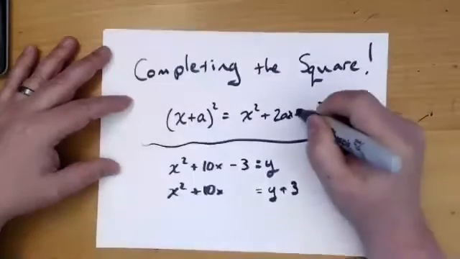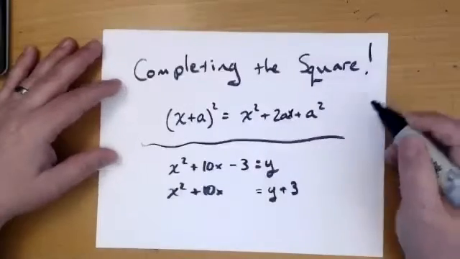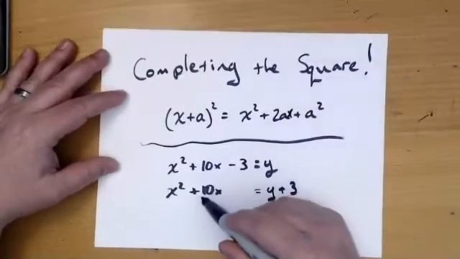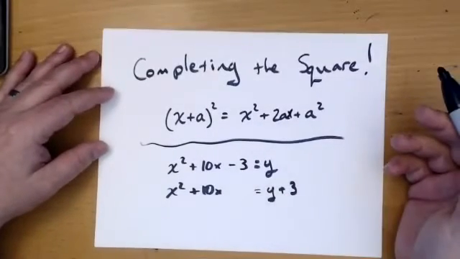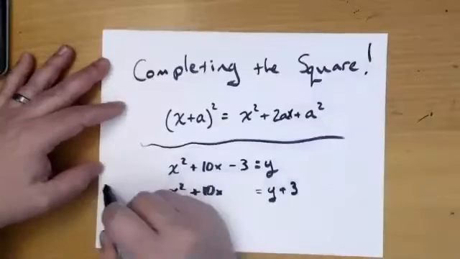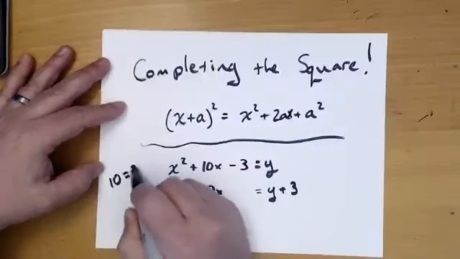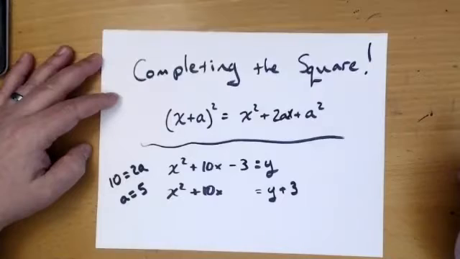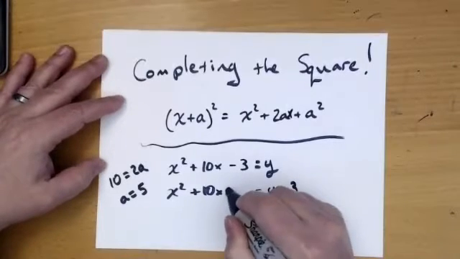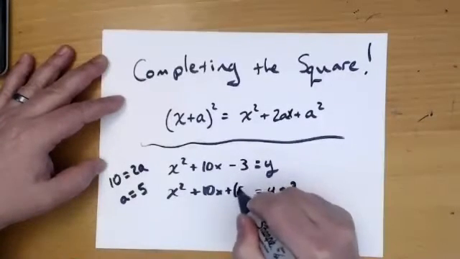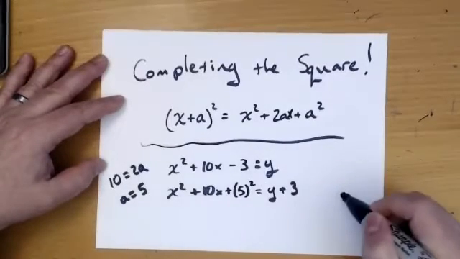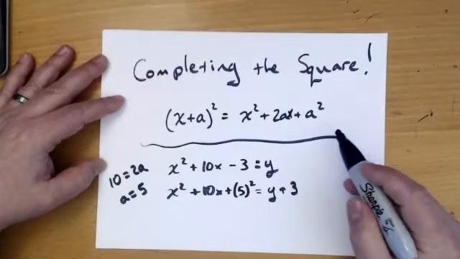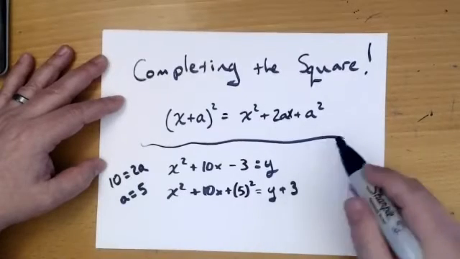Oops, there's an x right there. This 2a has to be equal to that 10. So that means a is 5. So that means I'm going to add a 5 squared, because it's a squared on both sides.